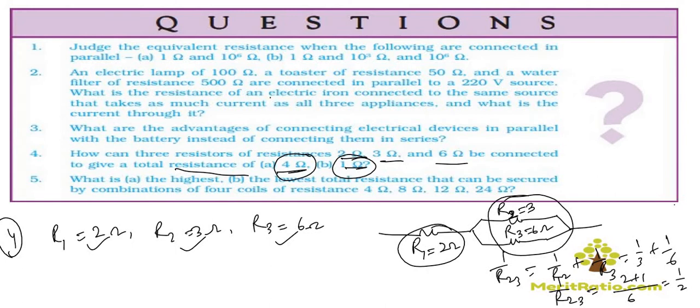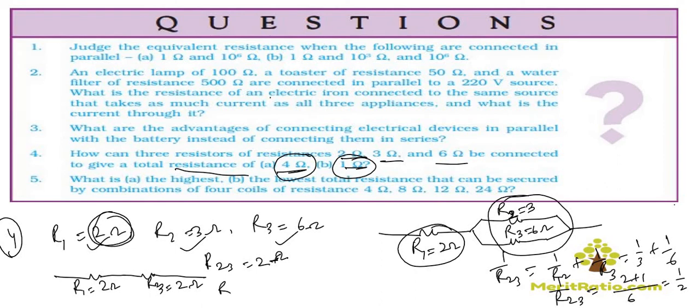So the equivalent resistance of R23 is 2 ohm. And R1 is given as 2 ohm. So the equivalent resistance R123 is equal to 2 plus 2, which has become 4 ohm. So in this manner, if we connect the given resistors, the equivalent resistance will become 4 ohm.